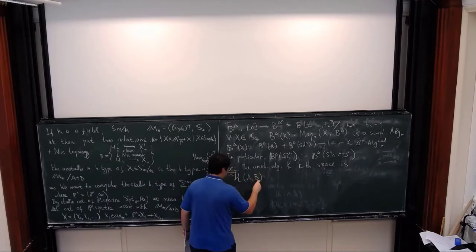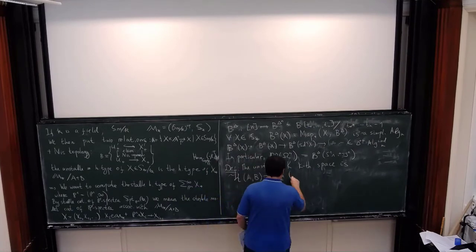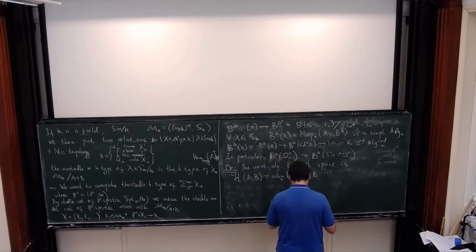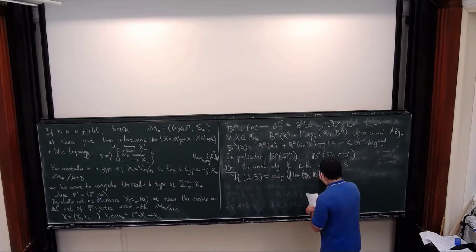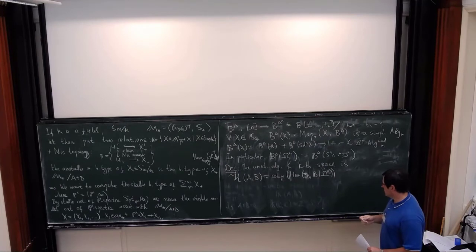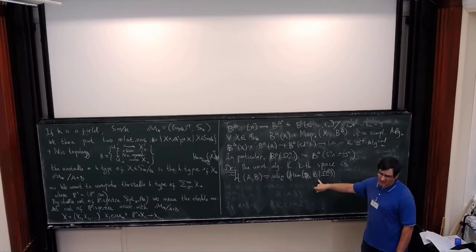for two algebras A, B. This is the colimit over k of the Hom sets in ind-algebras from A to B delta of omega n, plus k, omega k, where the colimit here is again taken over the sigma.